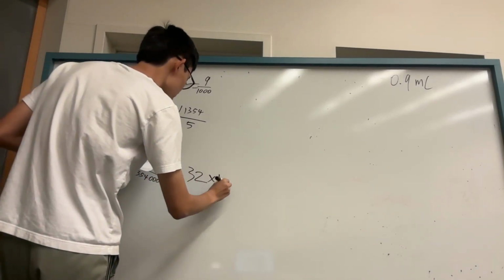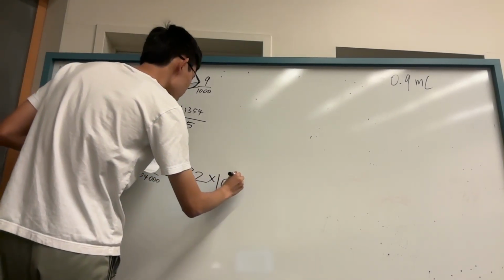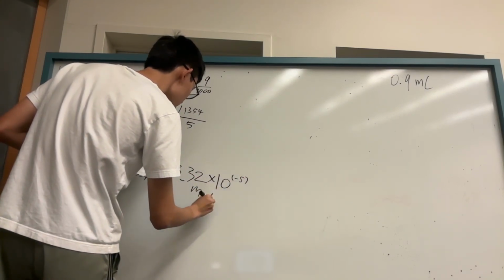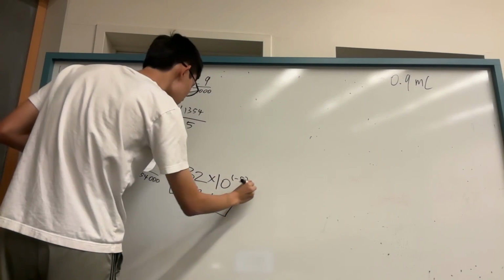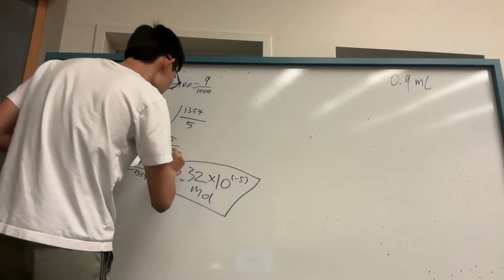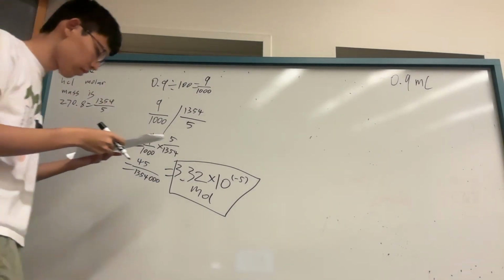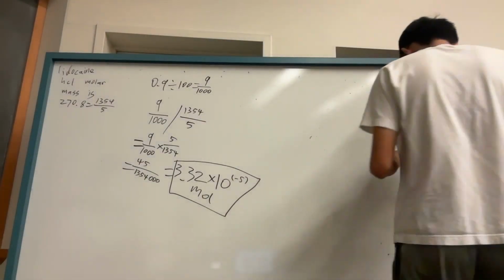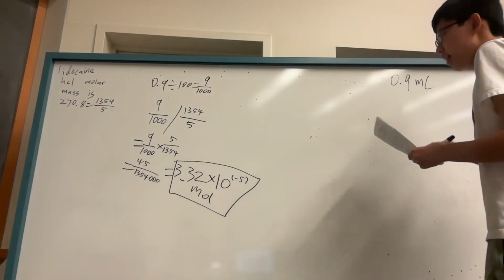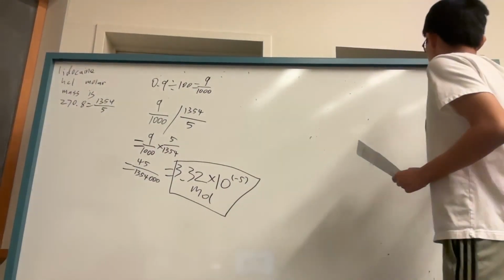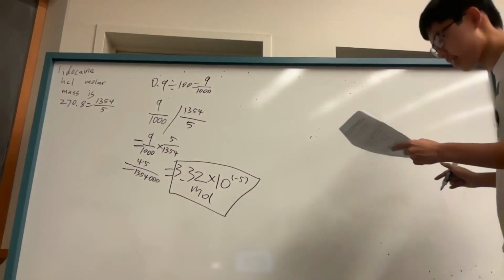Times 10 to the negative 5 moles. And to calculate how many molecules, multiply by the Avogadro's number.